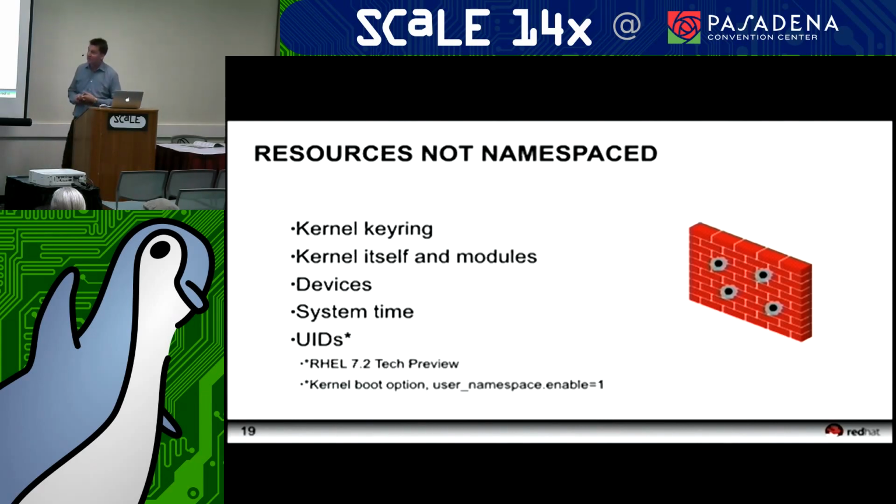So you have the kernel keyring, which is shared amongst the containers, the kernel itself and all the modules, any device, the system time, and in Red Hat Enterprise Linux, user namespaces as well. It's in tech preview. By default, it's disabled, but you can enable it by specifying the kernel boot option that's listed here.